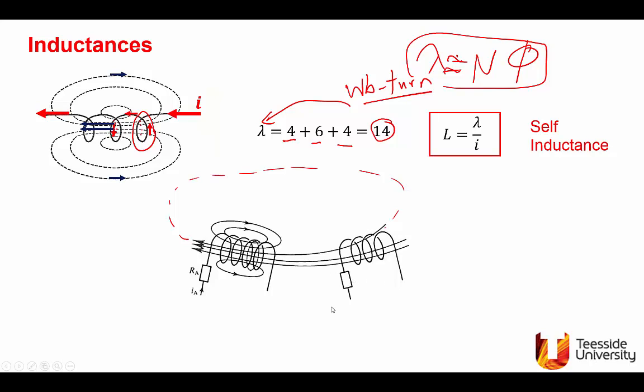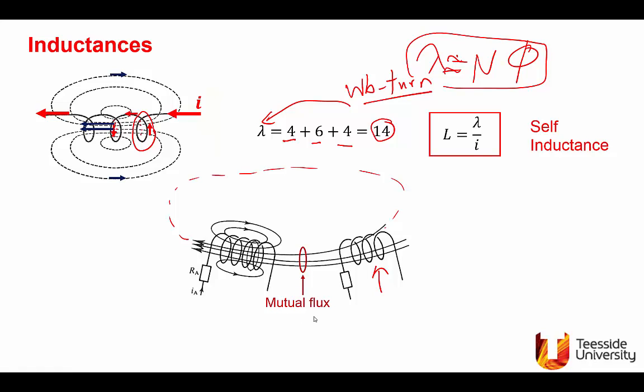Then we bring this coil on the left to the proximity of coil A. This coil now is linked by flux generated by coil A. So these flux lines in the middle here, they link both coils. So these are mutual flux.